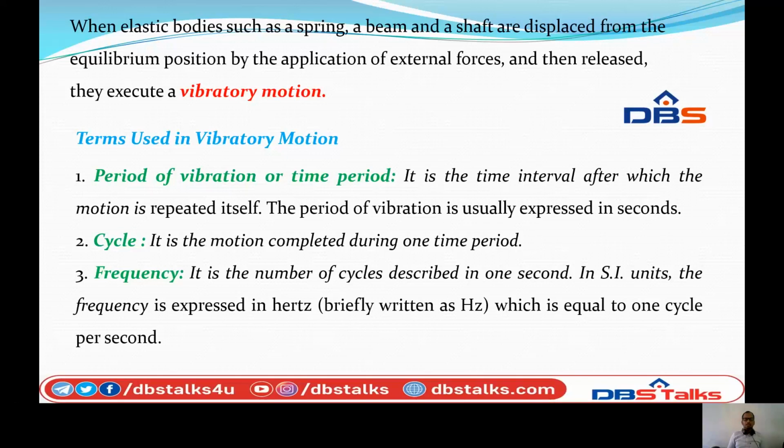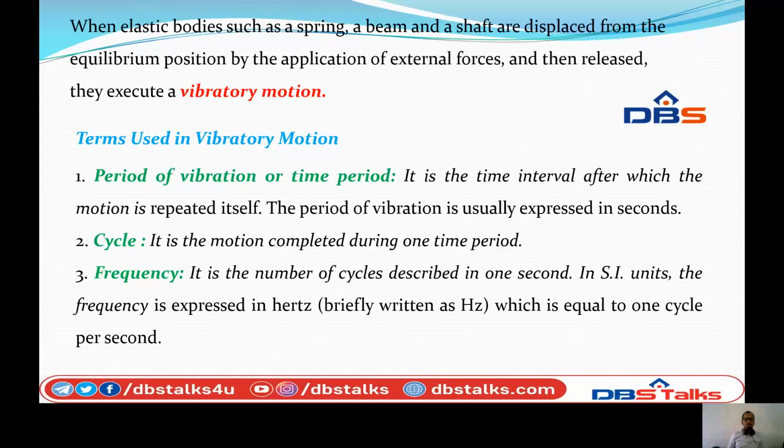Mainly the frequency is expressed in hertz, which is the SI unit. What does frequency mean? The number of cycles described in 1 second. In SI units, the unit name is hertz, which is equal to 1 cycle per second.